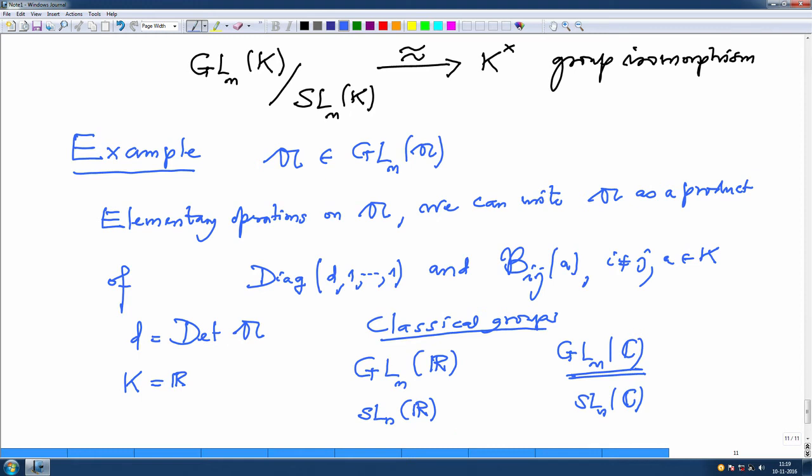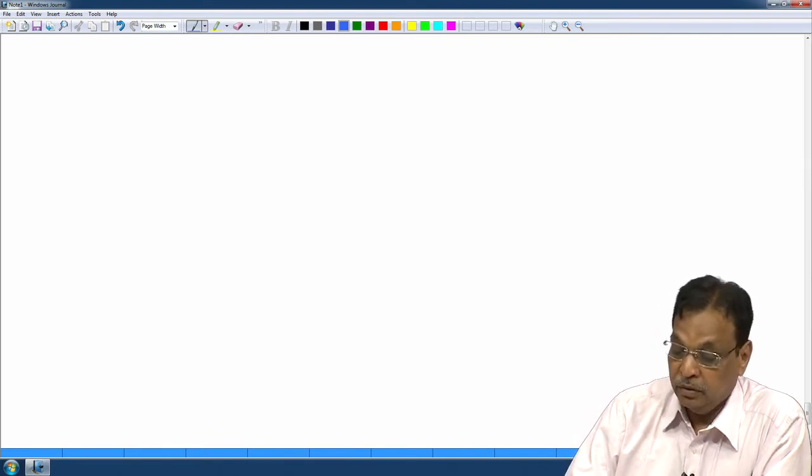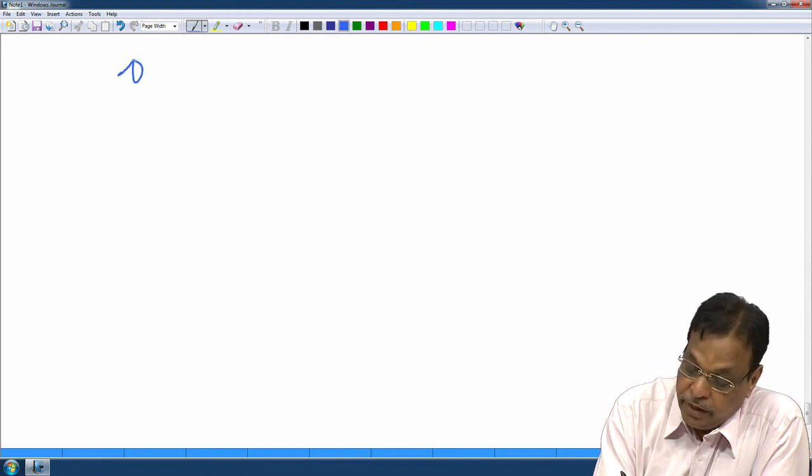But now I will concentrate on finding the inverses of given invertible matrices. So these are the computational problems. How do we find the inverse of a given matrix A?